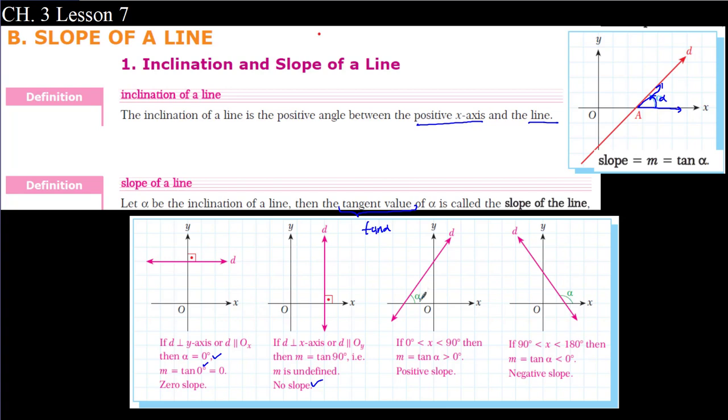When the angle is between 0 and 90 degrees, an acute angle, it is a positive slope. When the angle is between 90 and 180 degrees, it is a negative slope.